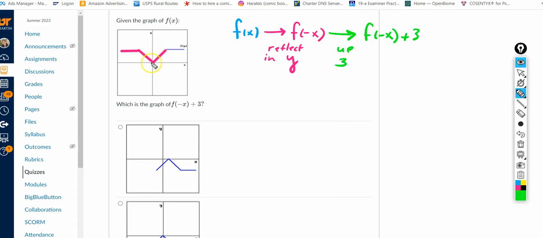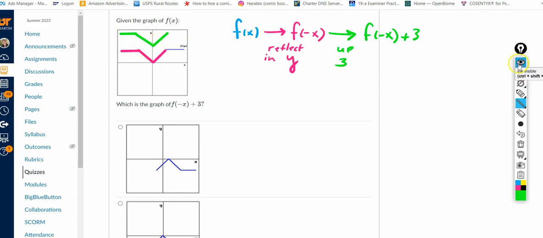All right, so I'm going to take this one and move it up 3. Now notice I don't have a grid system, so I just want to make sure I get it in the picture. Okay, so it should be looking something like that. When I'm looking at these selections, I want them to match up with the green.